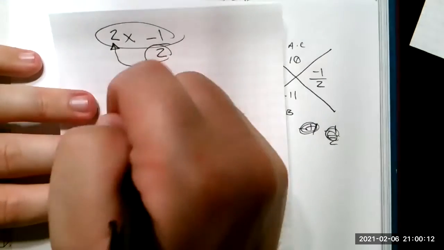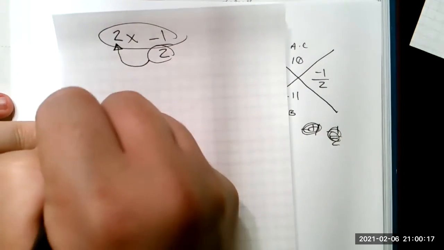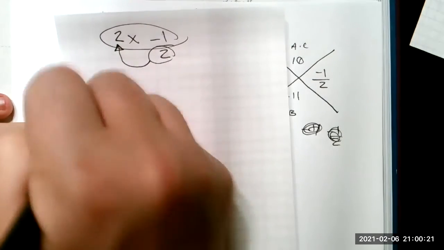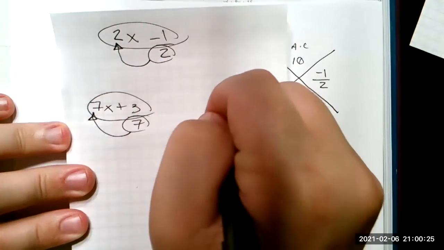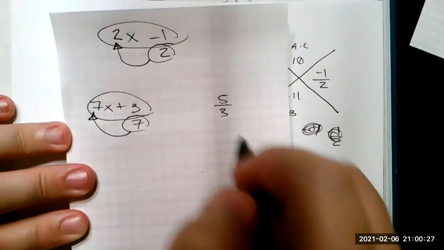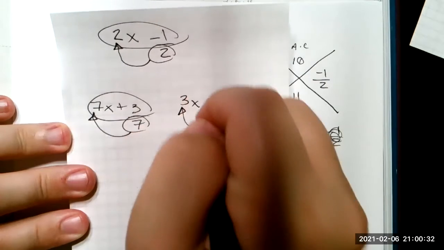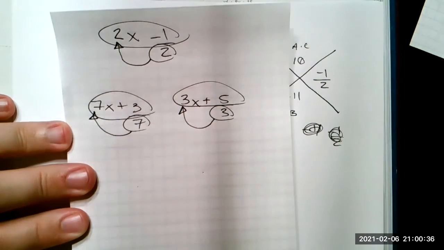If my number was 3/7, that bottom would come up, and that bottom would be my coefficient to x, and that would be my number, right? If it was 5/3, that bottom would come up, and it's the coefficient to x. Because that's a positive 5/3, it's plus 5.